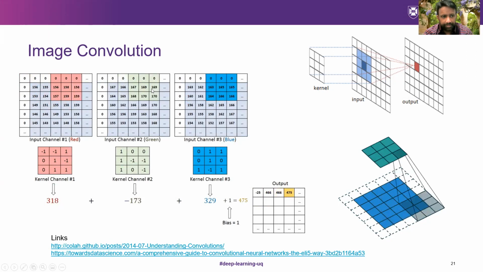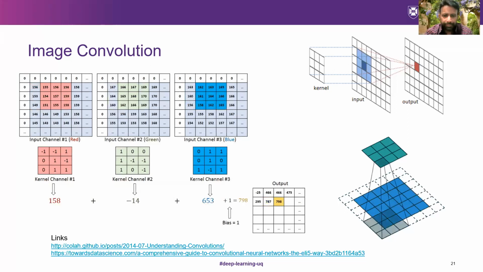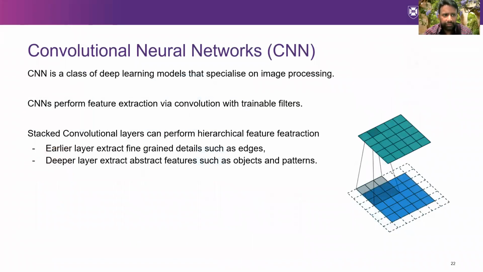It's done in parallel processing using the GPUs, and it's basically a way of processing a window across neighbors, to capture the spatial relationship between pixels. So these convolutional neural networks have revolutionized the imaging field. They perform feature extraction, and they learn these filters.